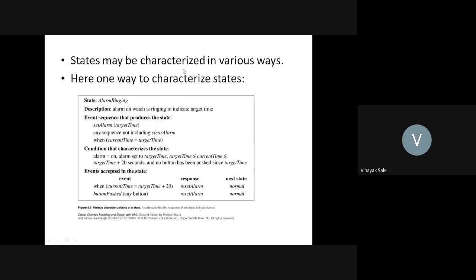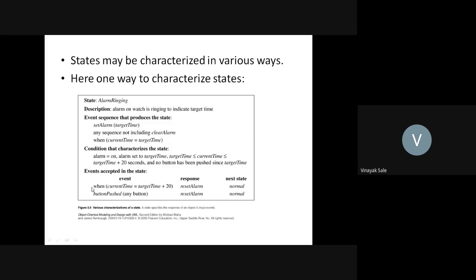The state may be characterized in various ways. Suppose the state is alarm ringing. Description: the alarm on a watch is ringing to indicate the target time. How do events occur sequentially? Set the alarm, that is, the target time, then any sequence not including clear time or clear alarm.